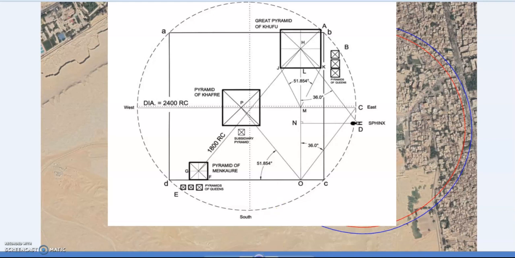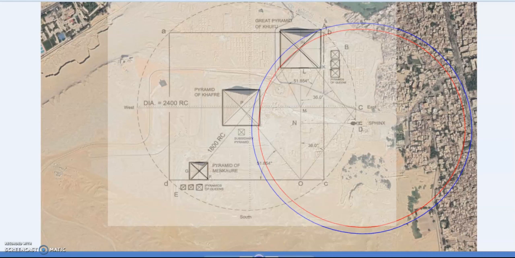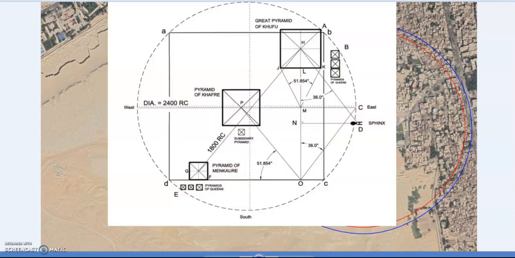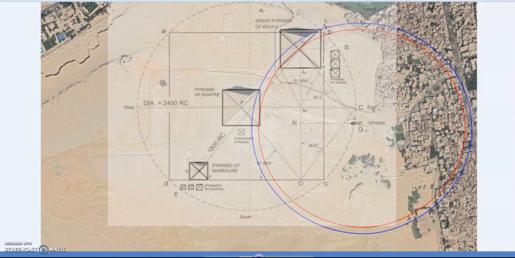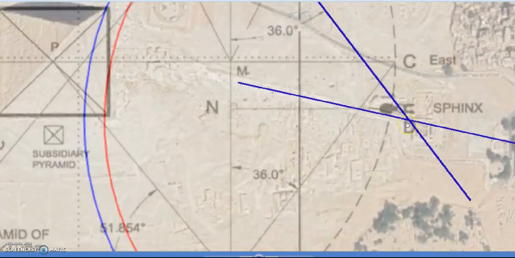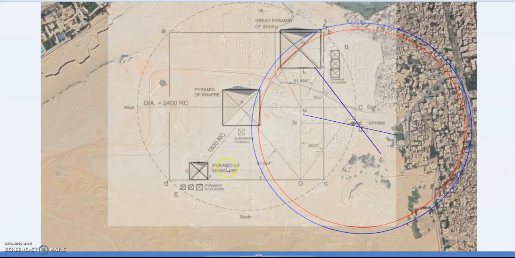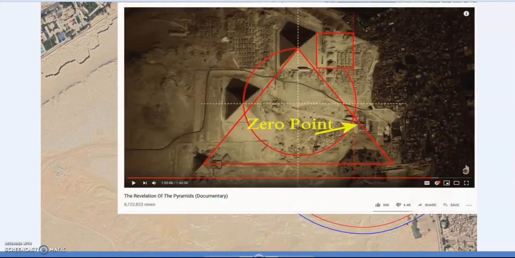So I've overlaid it there, and if you make it transparent, I've overlaid it. Now you notice that there is a tendency to focus it on the Sphinx. However, if you just extend the lines, we find they focus on the 0 point once again. So this geometry is actually complementary to what I'm saying, but only from the 0 point does that happen.